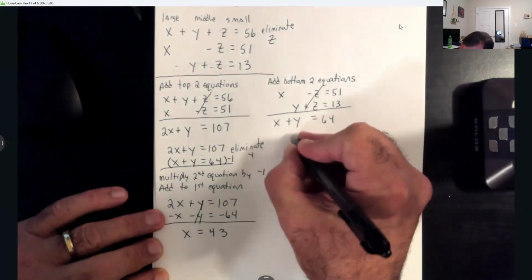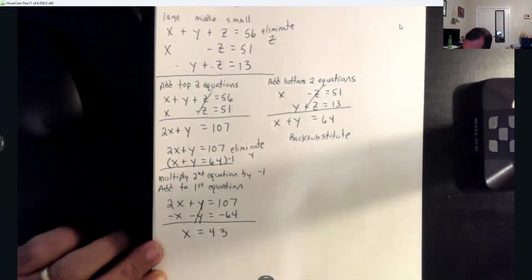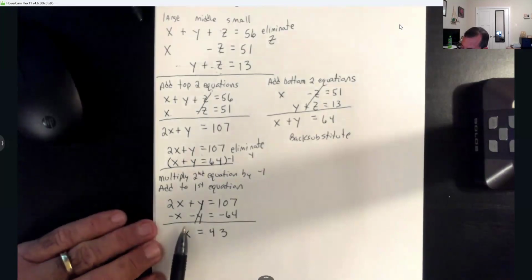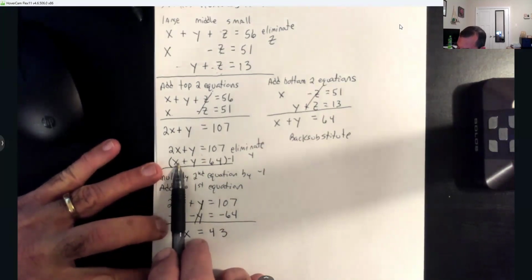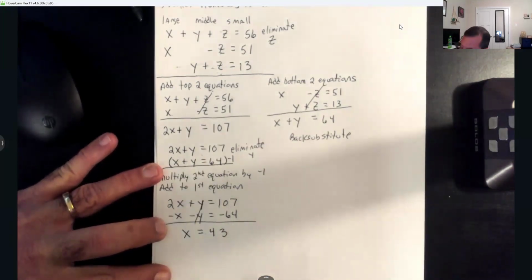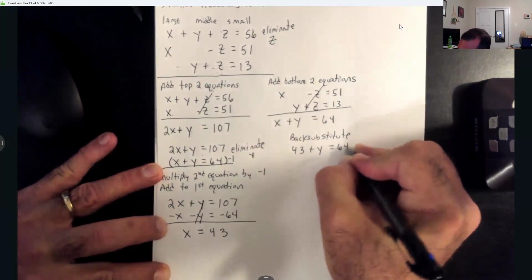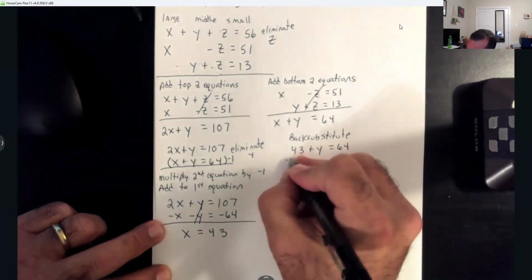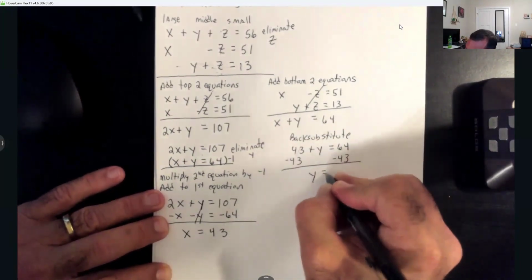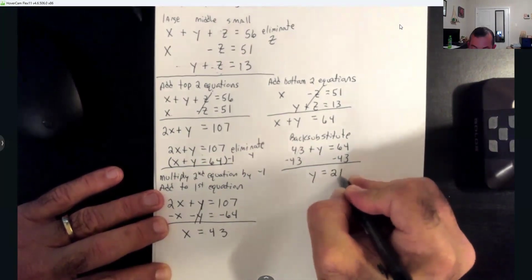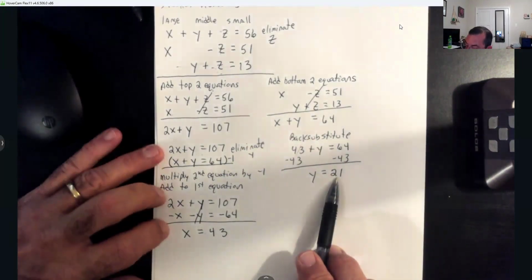So we're going to back substitute. I can go into one of these two equations. This is pretty easy. It says x plus y is 64. Well, x is 43, so 43 plus y equals 64. Let's subtract 43. Those will cancel, and I get y equals 21. So I know x is 43, y is 21.